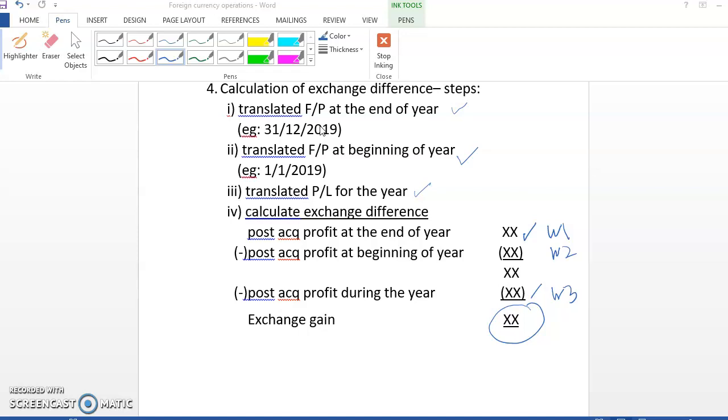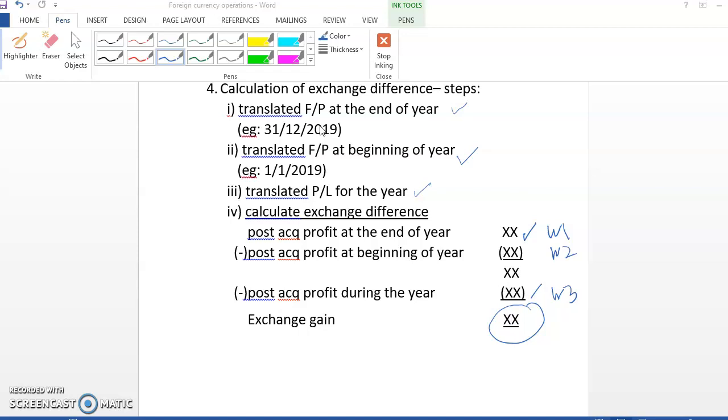In your textbook they put the word average, but don't write average for everything; just insert the figure, that is 2.5. After you get the items, then you can calculate the exchange difference like the formula that I gave you.